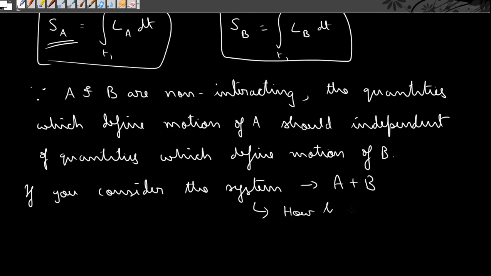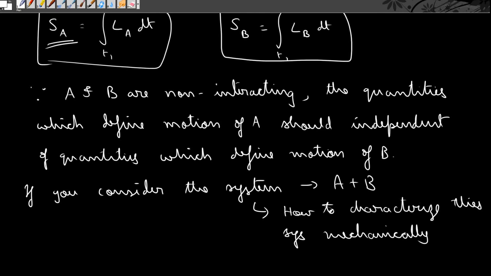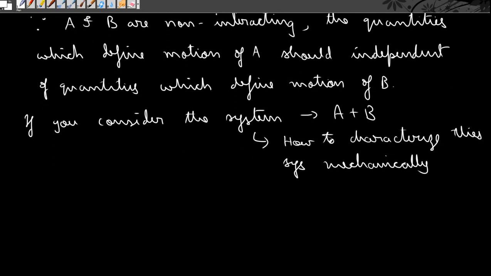The obvious answer is that we need to define the Lagrangian for this new system. So we need the Lagrangian for A plus B. So what is this Lagrangian going to be?